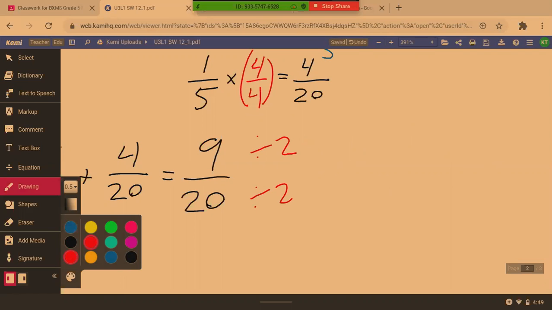Divide it by 2. Can I divide 9 by 2 and get an even, solid, whole number? So it cannot be simplified anymore. 9 out of 20, 9/20ths.